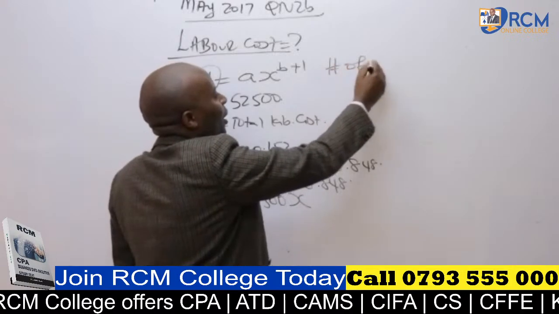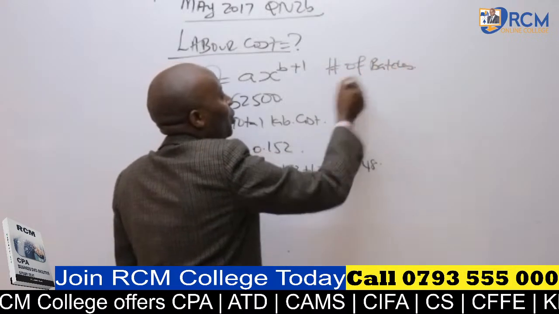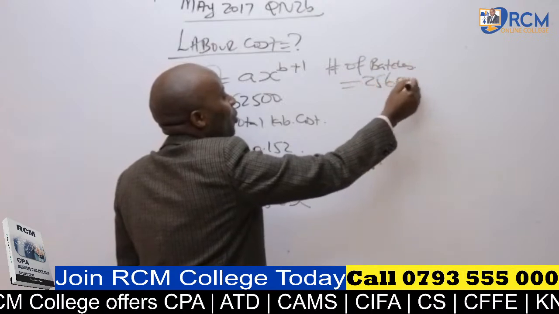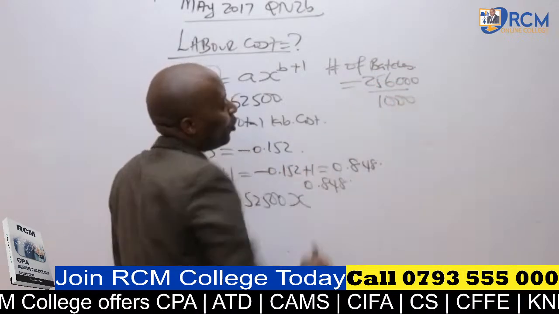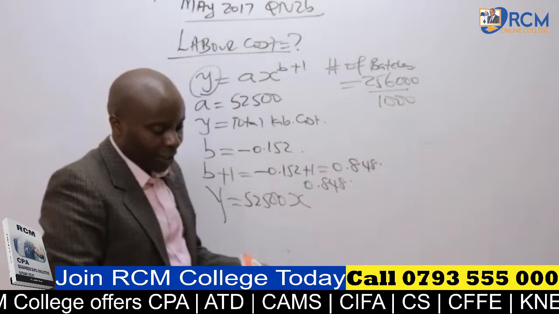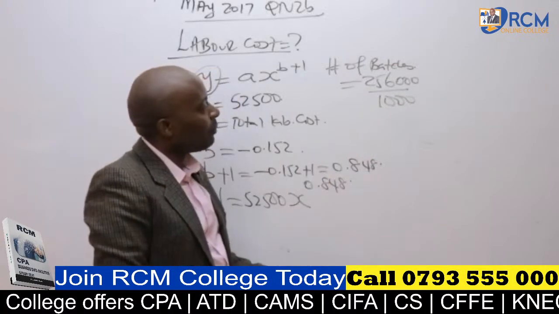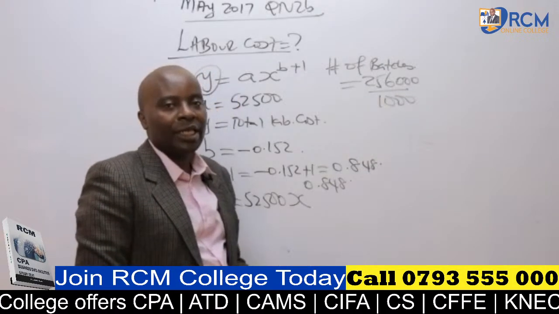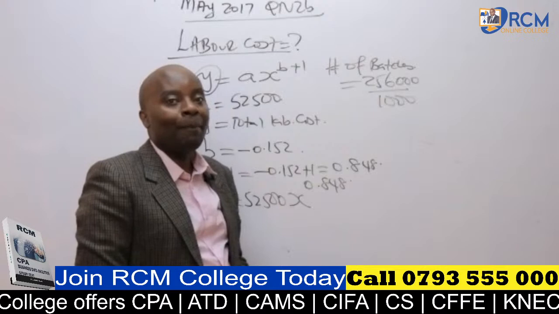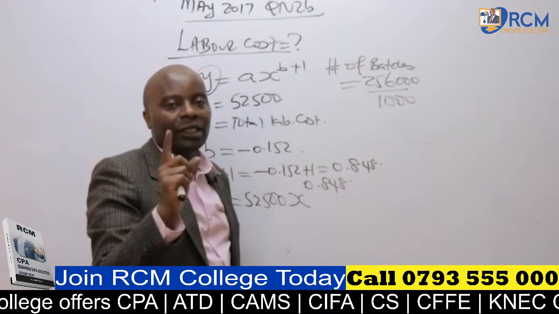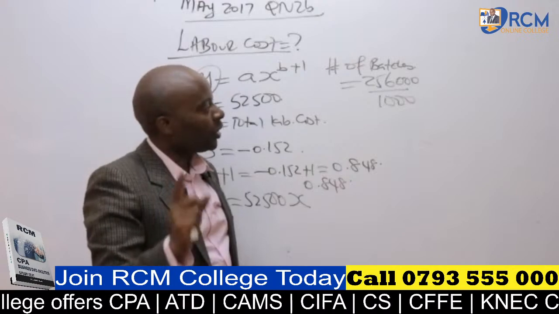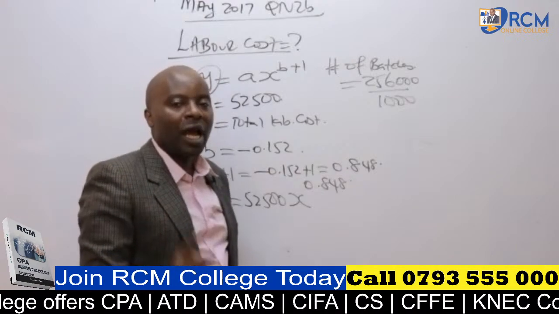We have 256,000 divided by 1,000. This will give us 256 batches, because they've told us that every single batch has 1,000 units.